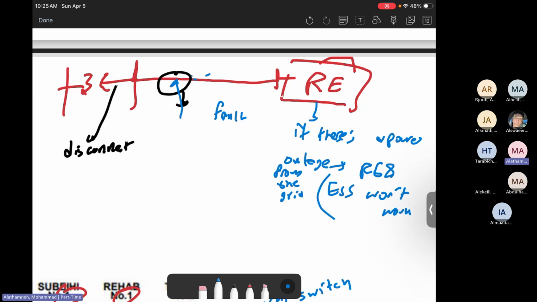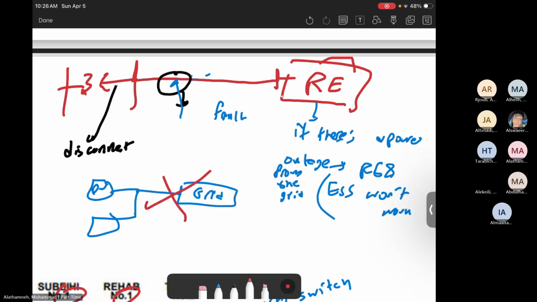Some people can say this is unfair. I mean, here is the photovoltaics, here is your home, and here is the grid. If you disconnect the grid, you can still be able to supply your home from the photovoltaics.